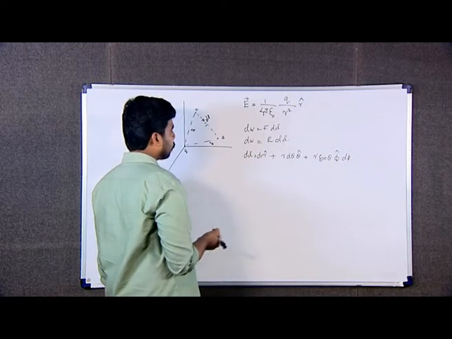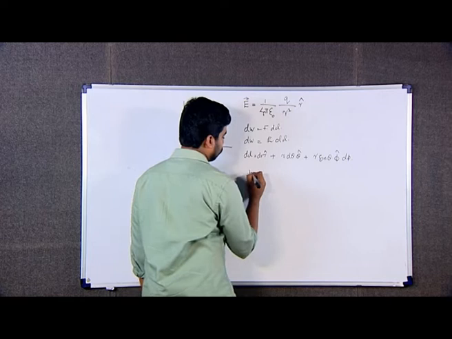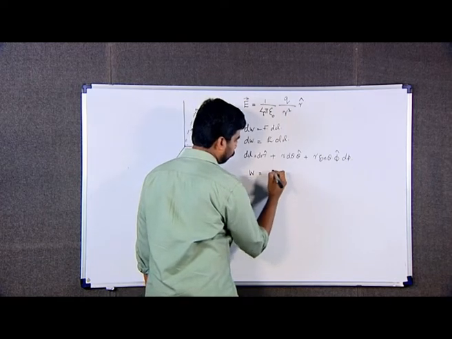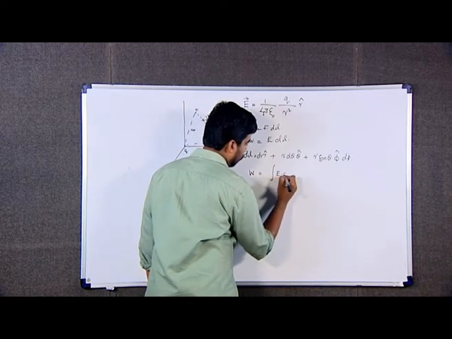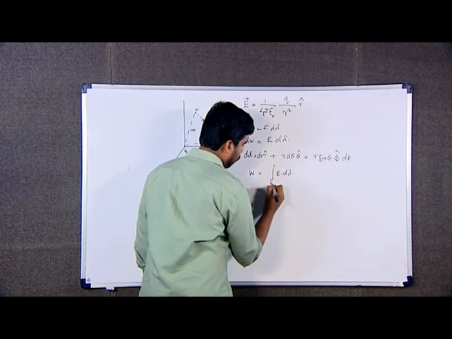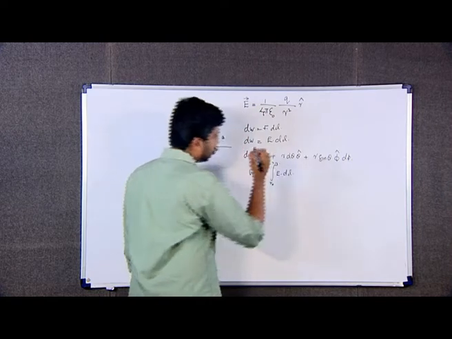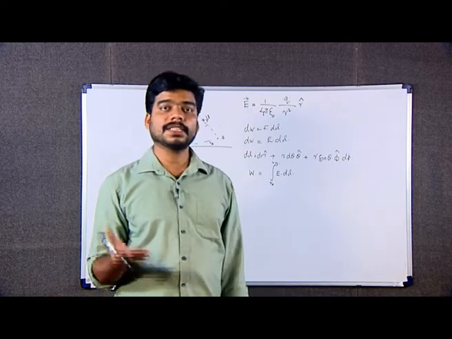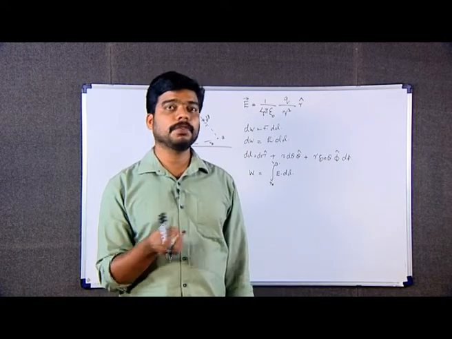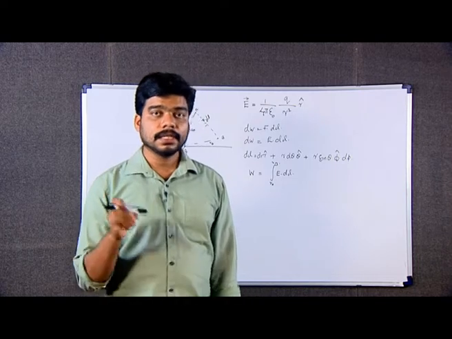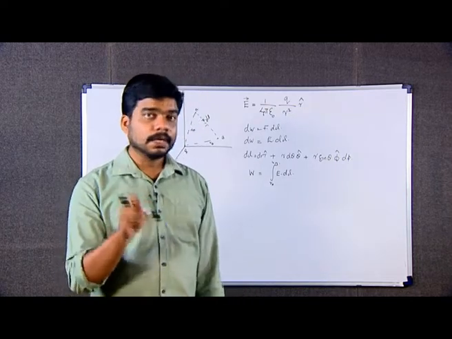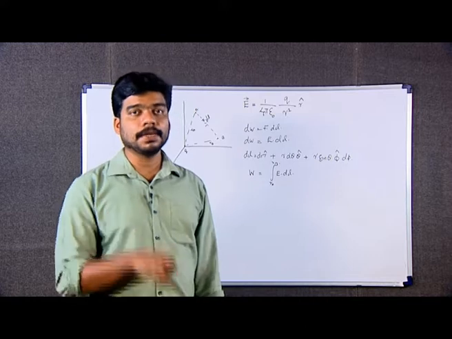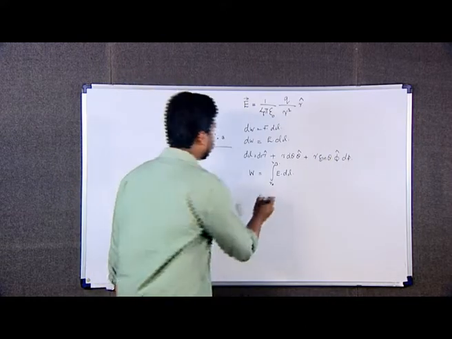Now, the total work done is equal to the integral of E dot dl, with the reference points ra and rb. Initially I told you that the reference point we will take as infinity, and the work done is against the field, so I should put a negative sign.